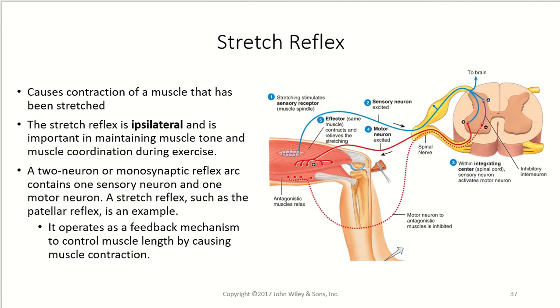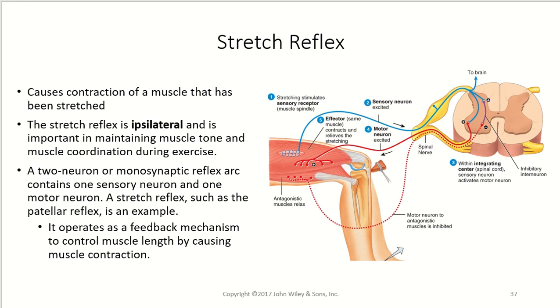So the first reflex arc that we have is the stretch reflex. This causes contraction of a muscle that has been stretched. So the stretch reflex is ipsilateral and is important in maintaining muscle tone as well as muscle coordination during exercise. So a two-neuron or monosynaptic reflex arc is going to contain one sensory neuron and one motor neuron.